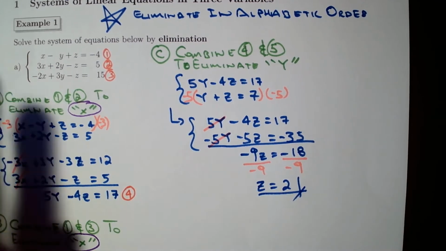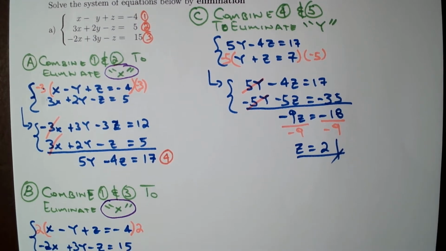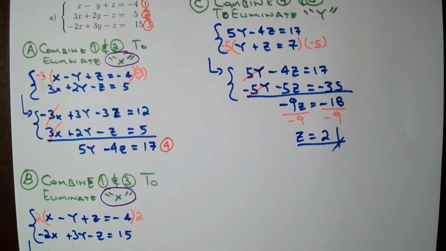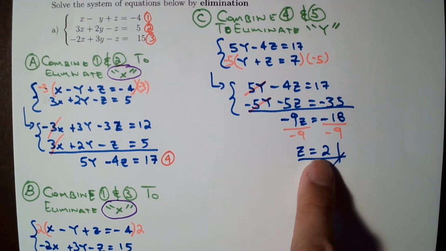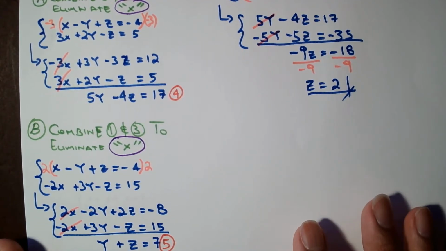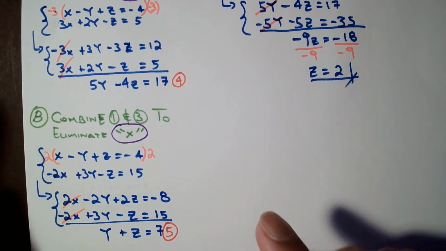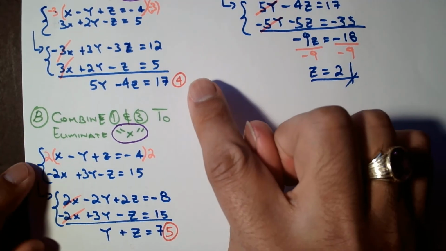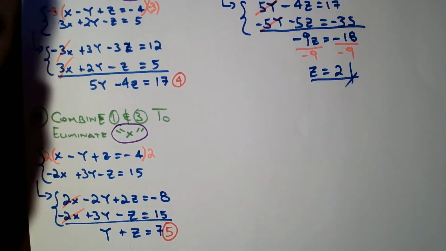So we have one of the variables figured out. Now let's go in retrospective here. We're going to use this value that we obtained for z, and we are going to substitute in your equation of your preference, either 4 or 5. So what am I going to do here instead?